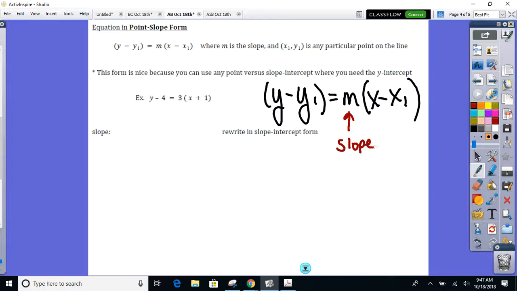The only other part you have to worry about are these two right here, x1 and y1. That is a point on the line. A point could be the y-intercept, could be the x-intercept, any random point on the line. That's what's going to be plugged in for x and y.